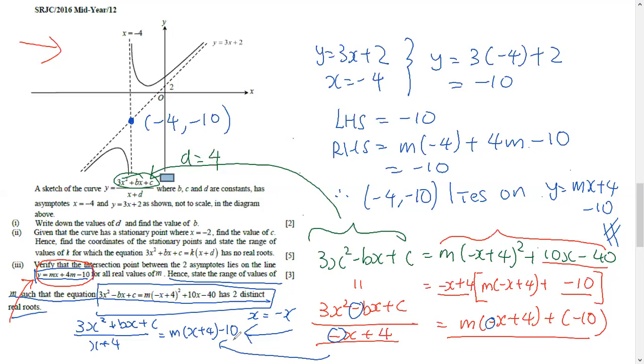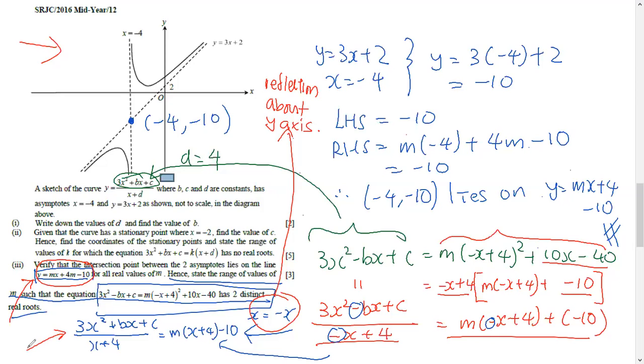What does this substitution correspond to? For those who have learned transformation, this is actually a reflection about the y-axis. So if it is a reflection about the y-axis, the x value will actually change, because currently what we have is this.